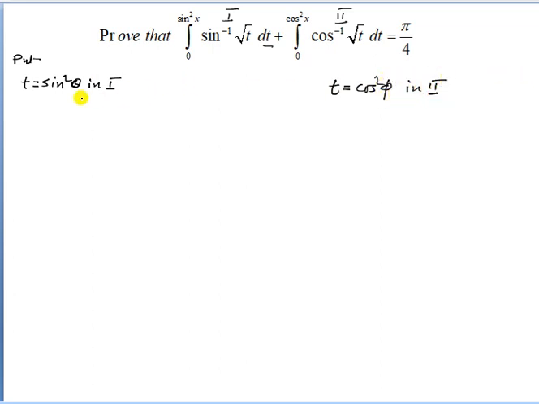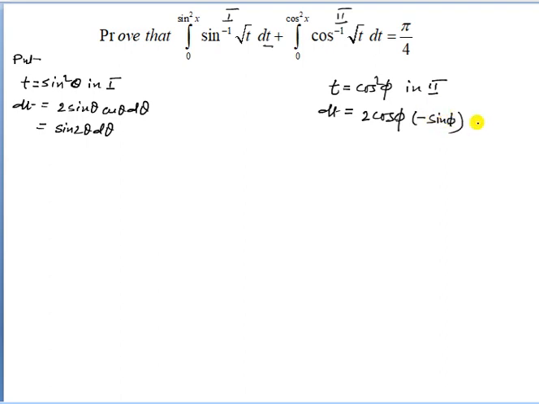So dt is equal to 2 sin theta cos theta d theta, which is just sin 2 theta d theta. On the other hand, dt is equal to 2 cos phi times minus sin phi d phi, which is just minus sin 2 phi d phi.